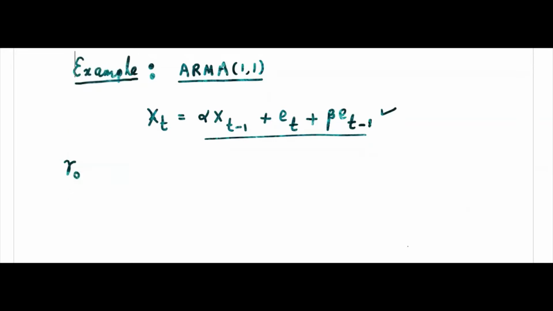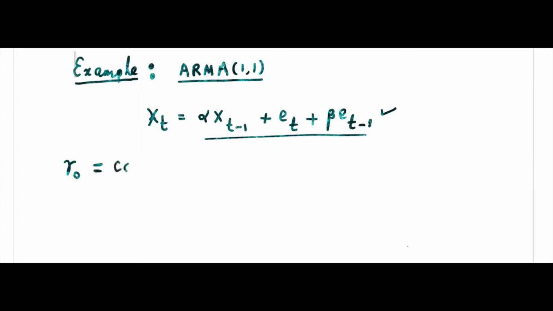Now coming to the ARMA process, it will normally be like the AR way. Whatever way we find the autocorrelation for an AR process, we do it in a similar way. However, there is a little bit of difference. That means we have to see the correlations. Suppose I write gamma naught here.